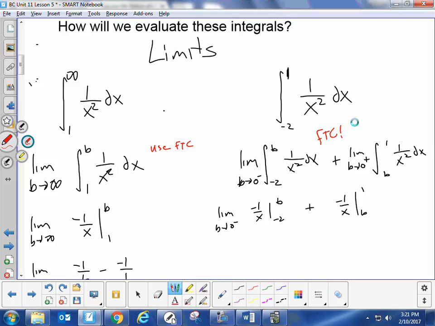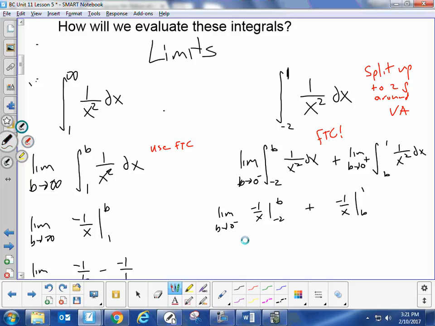And I look at approaching my vertical asymptote, which is at 0. And I'm still finding the limit as b approaches 0.